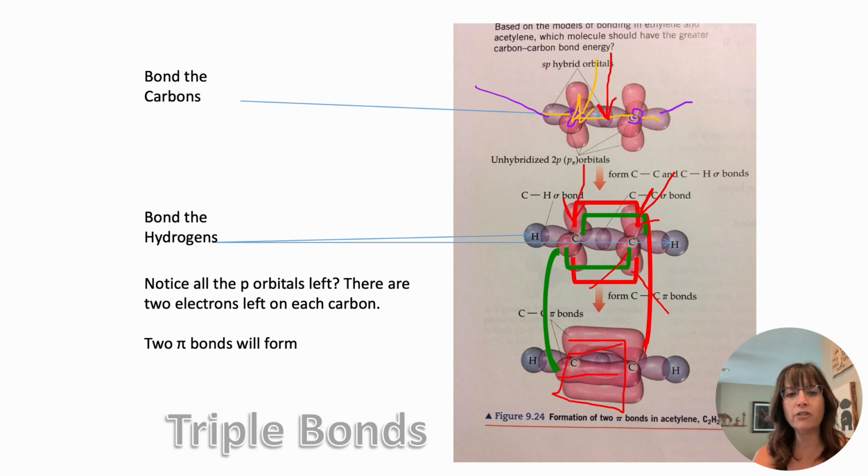And then there's another 4 kind of going through the model, kind of like on the z-axis coming in and out of the page, and that's another pi bond. So you have the sigma between the 2 carbons, then you have a pi bond that goes up, over, down, in here, and then you have one that comes out of the page and into the page. Triple bonds have 1 sigma and 2 pi bonds.